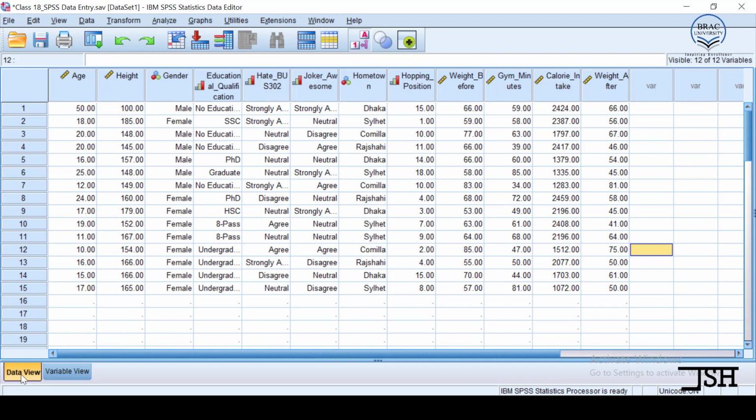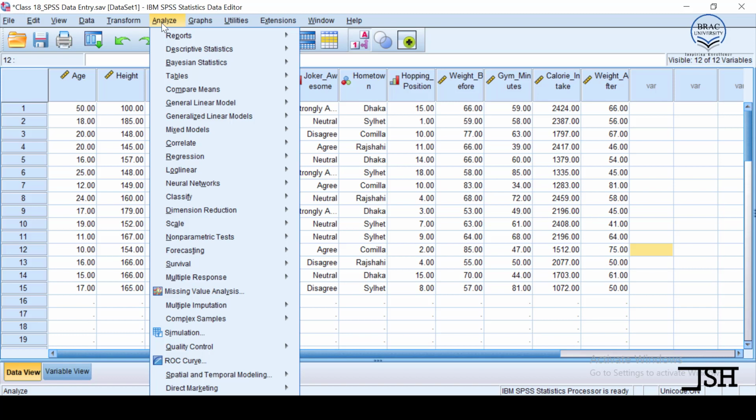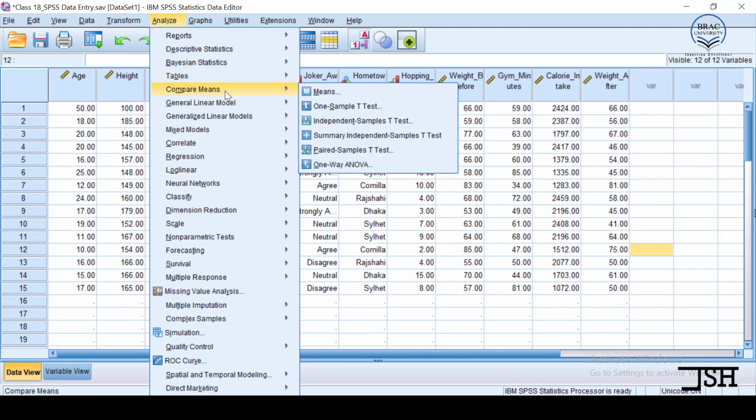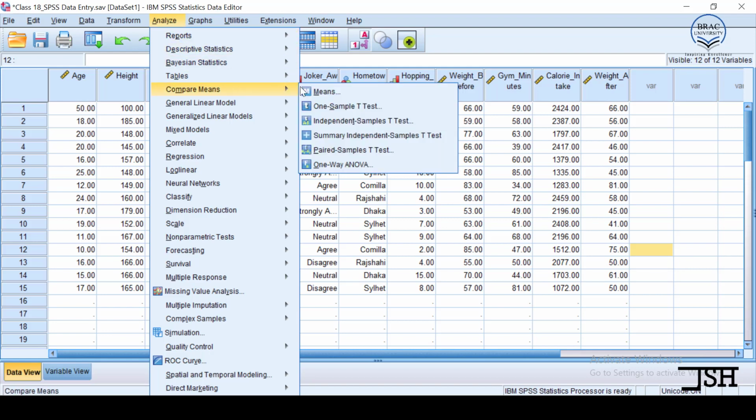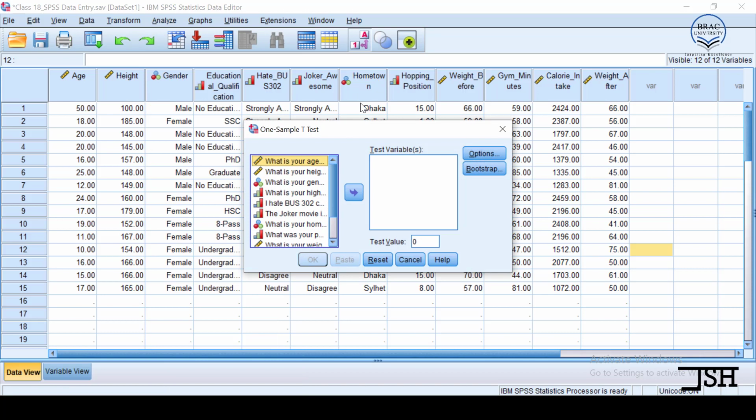In order to run one sample t-test, we have to go to analyze here. After we go to analyze, we have to select compare means, and then we have to select one sample t-test. See, it's that easy. Again, first go to analyze, then compare means, and then one sample t-test. Then select this option.